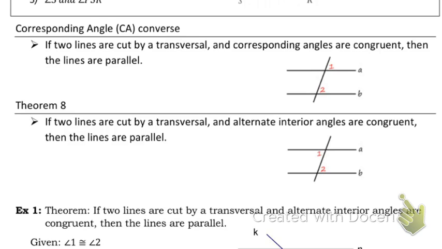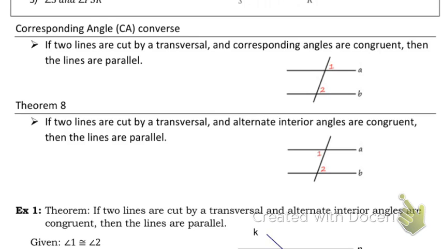We already talked about that one. The corresponding angle postulate says if two parallel lines are cut by a transversal, then the corresponding angles are congruent. So note, that one starts with if they are parallel. Now the converse.